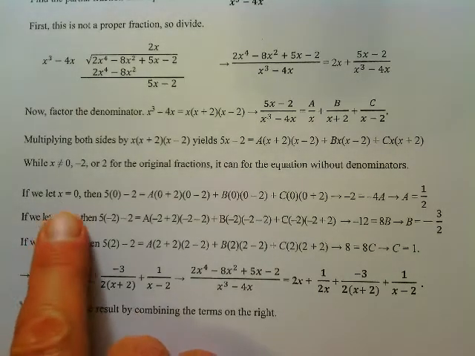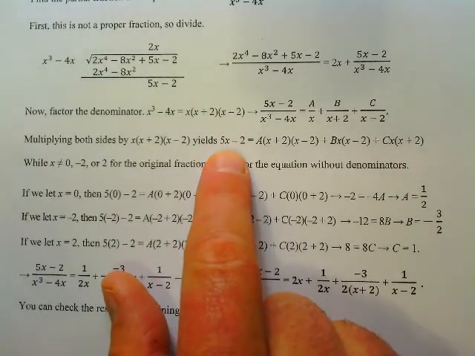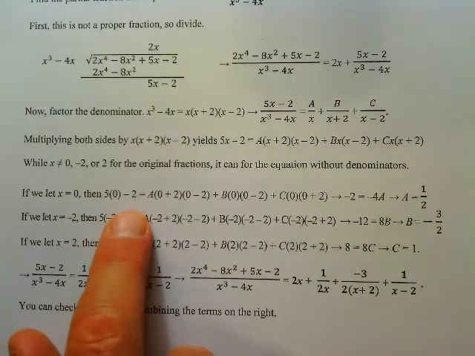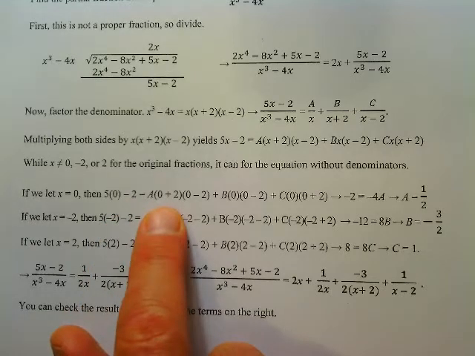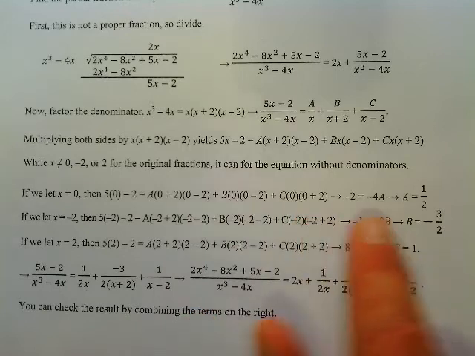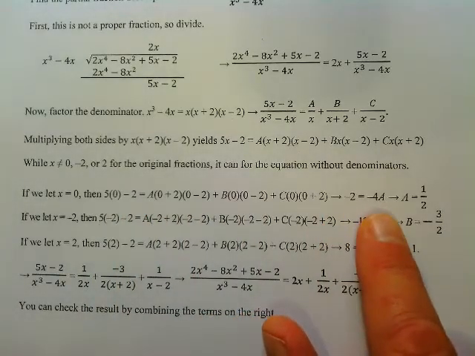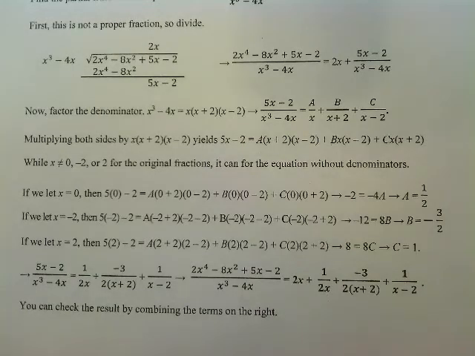So if we let x equal 0, then on this side of the equation, we would have 5 times 0 minus 2, and then we're just putting in a 0 everywhere we had an x. And the end result is we're going to end up with negative 2 equals negative 4a, and so a must be 1/2.